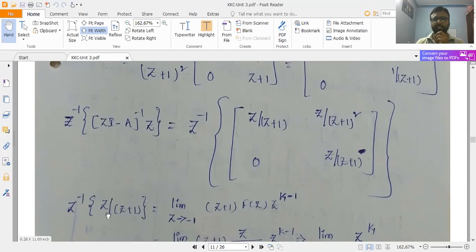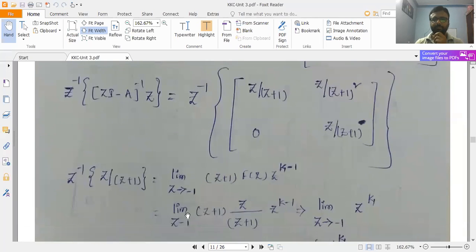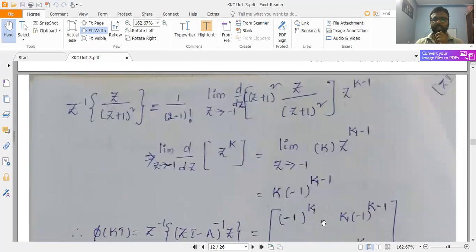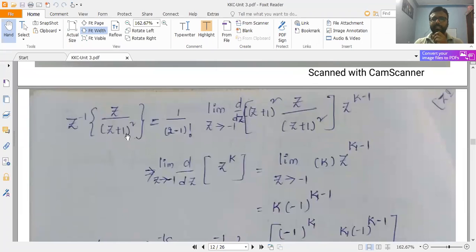Z inverse of z divided by z plus 1 is minus 1 whole power k, and z divided by (z plus 1) whole square is equal to 1 divided by (2 minus 1) factorial into limit z tends to minus 1 of d by dz of this particular value.